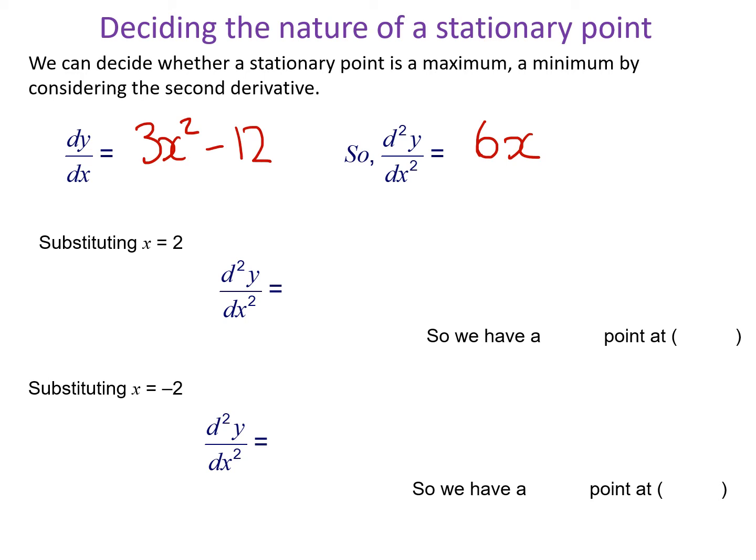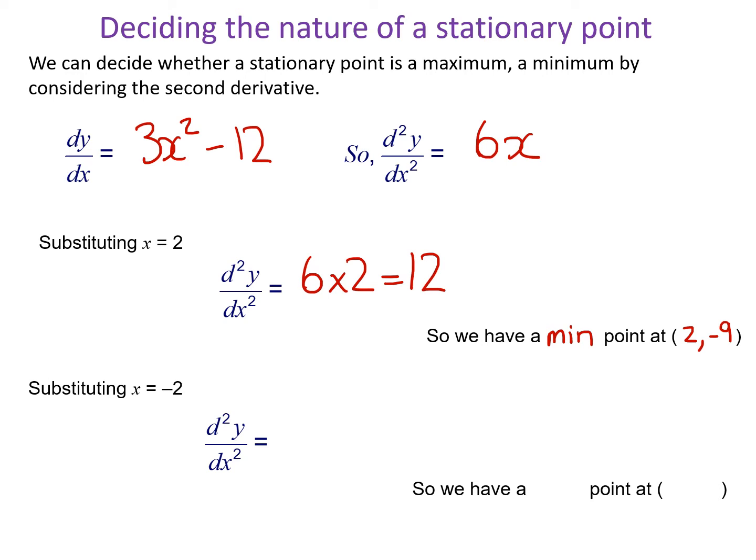If I sub 2 into there, 6 times 2, I get 12. As we described before, if that's positive, you have to remember, then we've got a minimum. So it was a min at the point (2, -9).